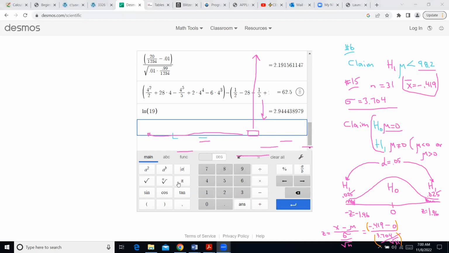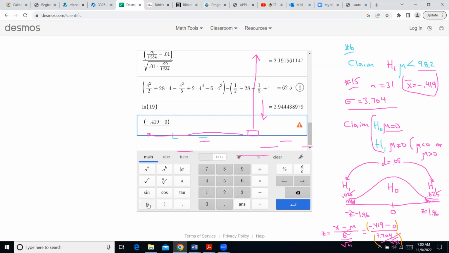So let us do this. Minus 0.419 is here. And this is going to be minus 0. Well, you can put minus 0 if you want, makes no difference, still the same thing.